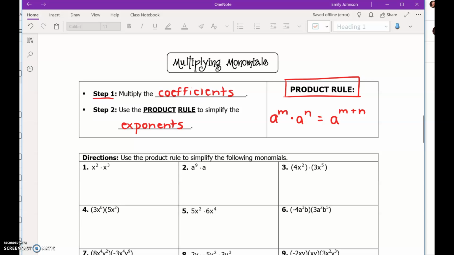So notice this part here. This is what we call the base. The base will stay the same. So the base, if it's a variable, if it was the letter X, it will stay a letter X. If it was a letter A, it'll stay the letter A. And the exponents are what we are actually adding together to simplify these expressions.